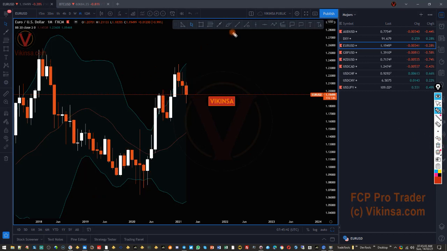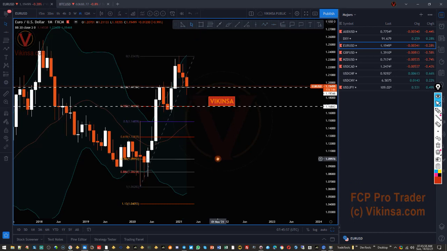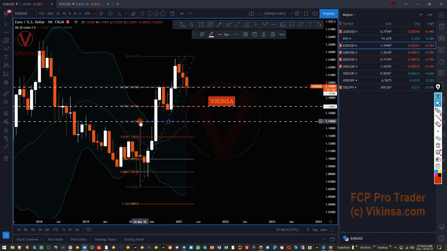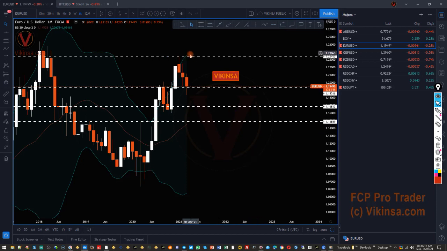So the market has completed the W pattern, and that's why it has been falling down, and these are the levels that we are interested in. This is a previous structure level, and that's a very good level, and we are also interested in this level here because this is also a previous structure level, and obviously this is a good level here as well.